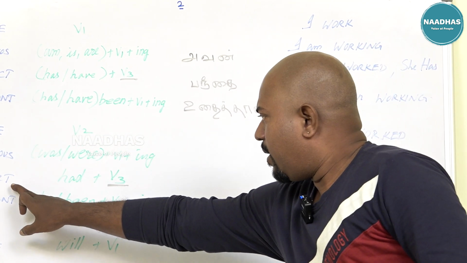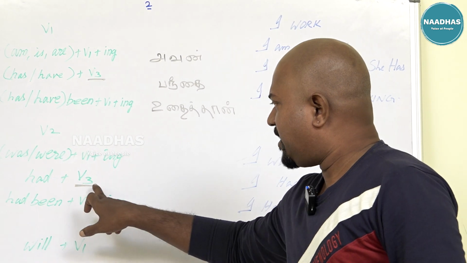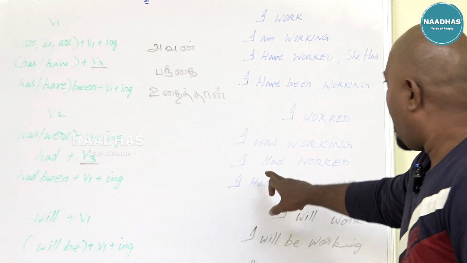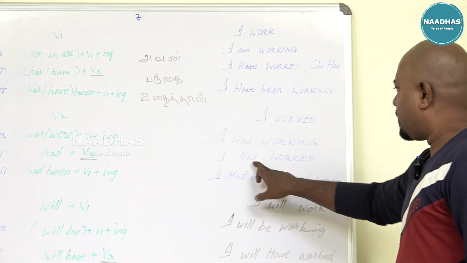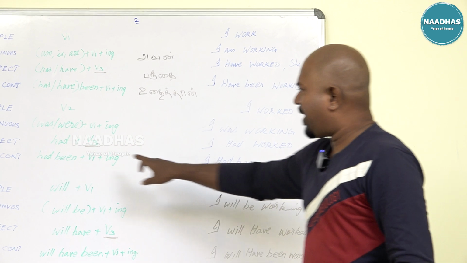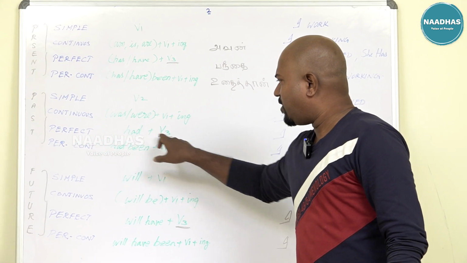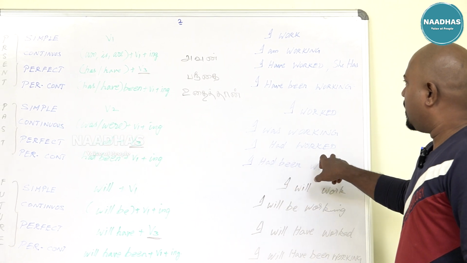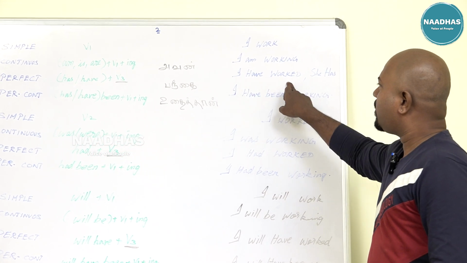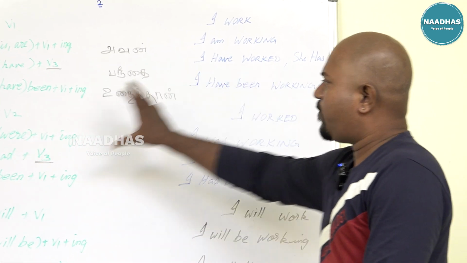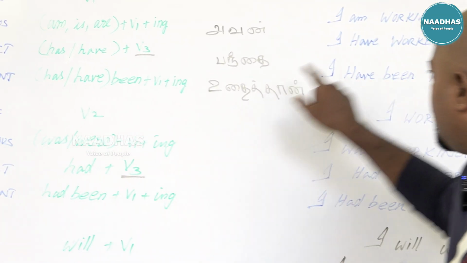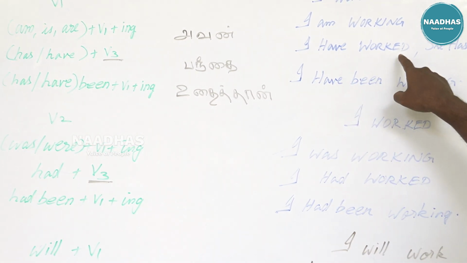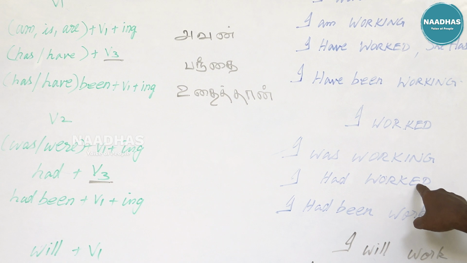And for the perfect tense, I said it has to be the V3 form, the participle form. So I had worked. Because it's past tense, I'm using had, and the V3 form is worked. If you see here, I have worked. The past tense for have is had, because we are focusing on the past, and worked is the same V3 form.